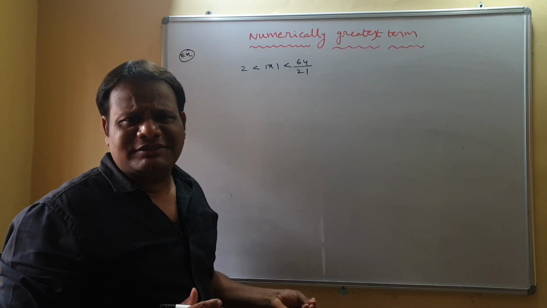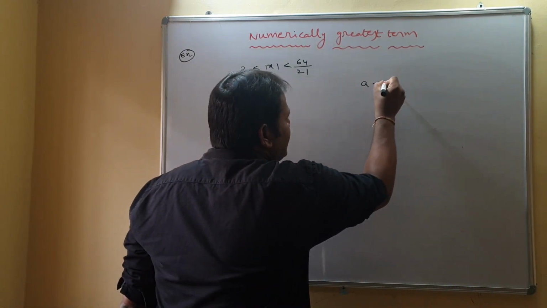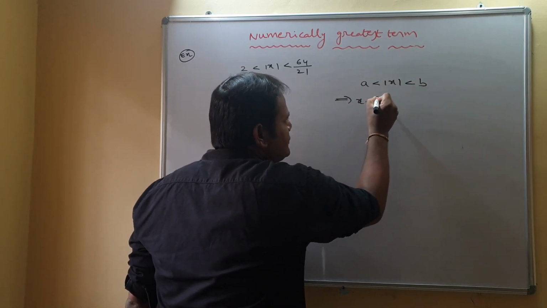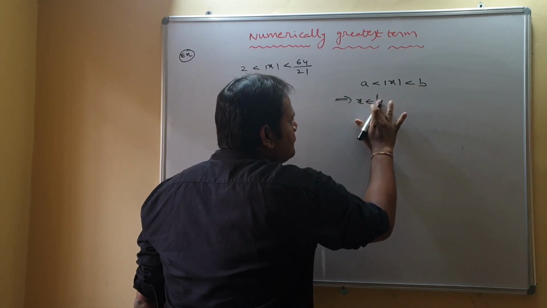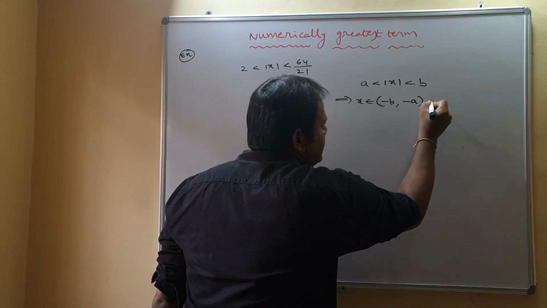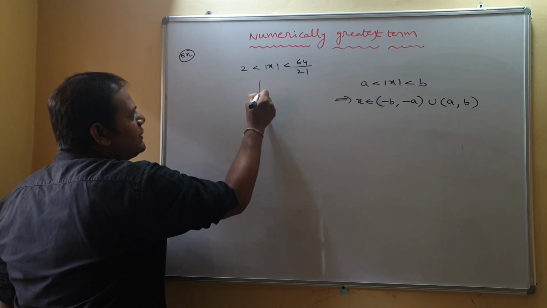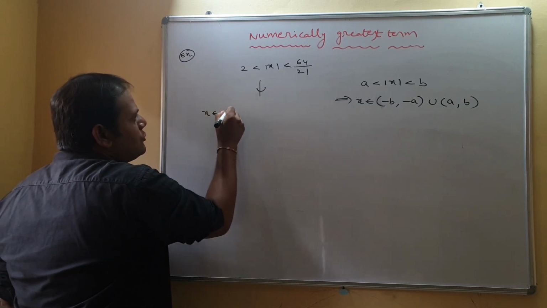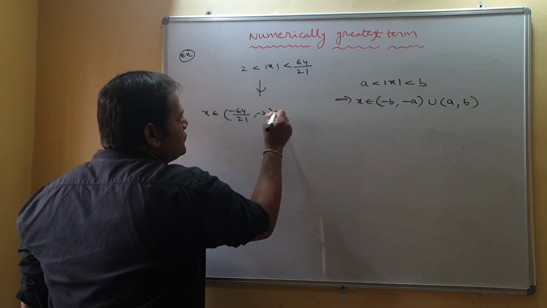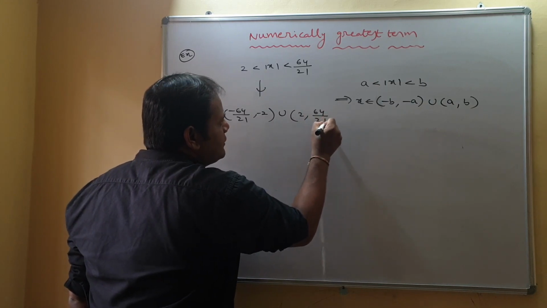We can simplify this. That is, if a less than mod x less than b, then the solution is x belongs to the open interval (minus b, minus a) union (a, b). Is it? So here from this you can give x belongs to (minus 64 by 21, minus 2) union (2, 64 by 21).